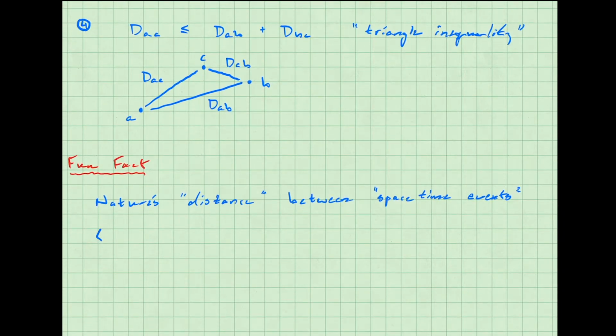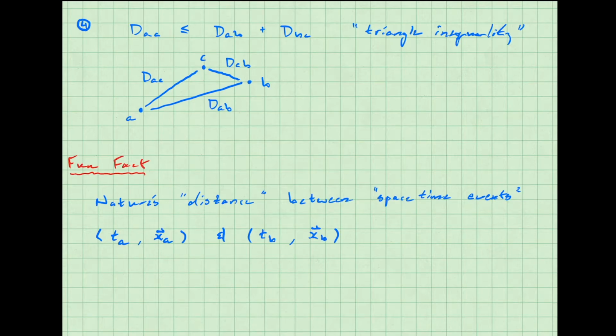A space-time event is a place and a time. So event A has time A, and it has 3 spatial coordinates, XA. That's event A. And event B has a time associated with it, and it's at some particular location. The classic example of an event is a firecracker going off. It happens at a particular time and at a particular place.